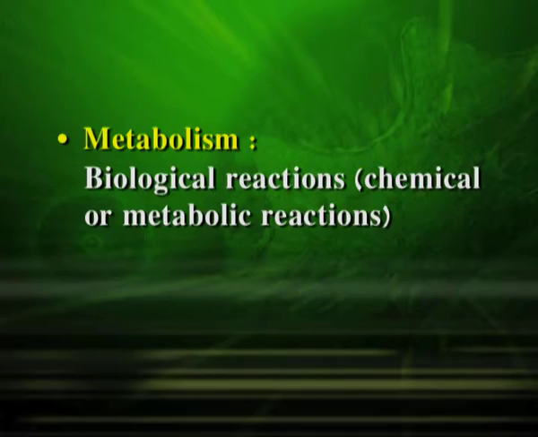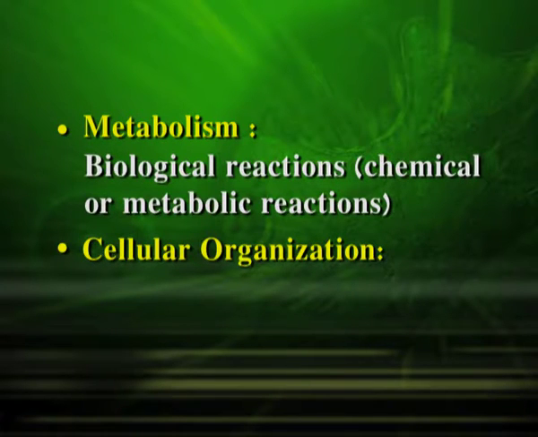Metabolism is also another criterion of living organisms. The biological reactions, chemical reactions or metabolic reactions, that is the sum total of all the chemical reactions taking place in our body, is metabolism. The next important characteristic is cellular organization. All living organisms start their life from a single unit which is called the cell.